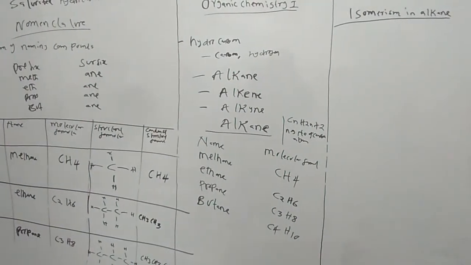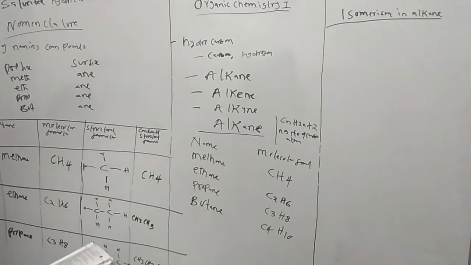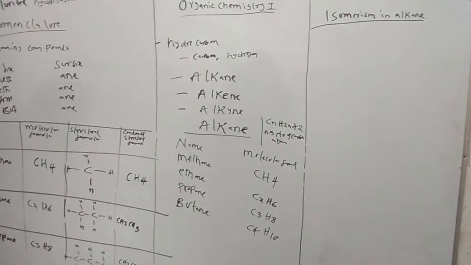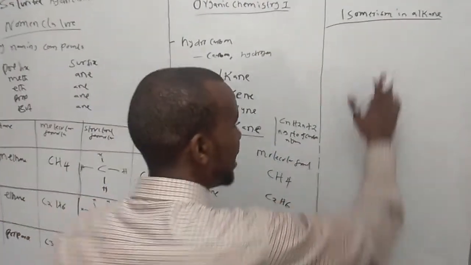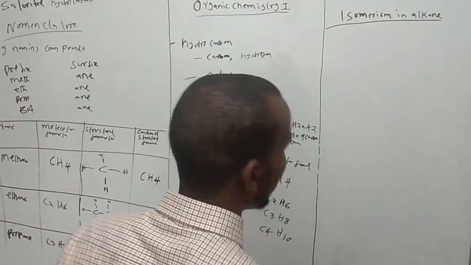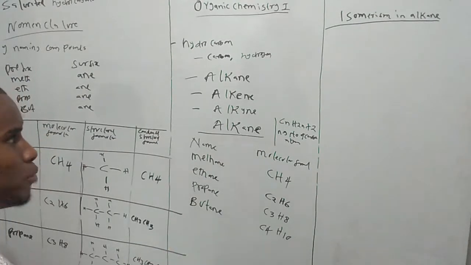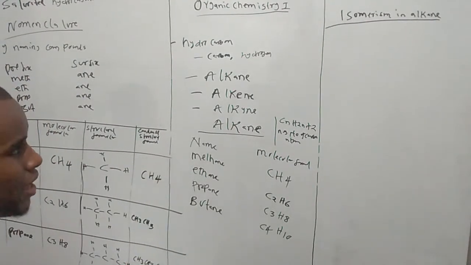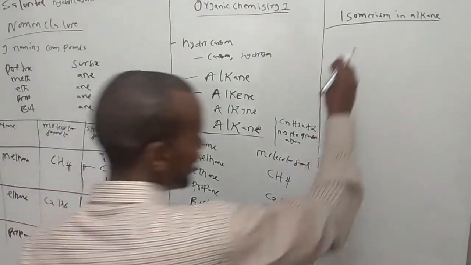Alkanes with more than 3 carbon atoms have the ability to form compounds with the same molecular formula but different in structure. You see, alkanes with the number of carbon atoms more than 3, they have the ability to form an isomer.